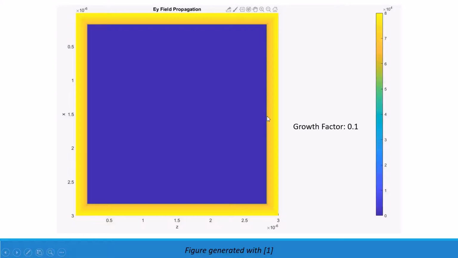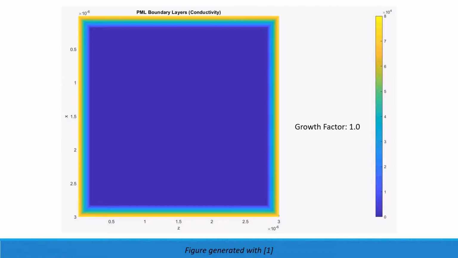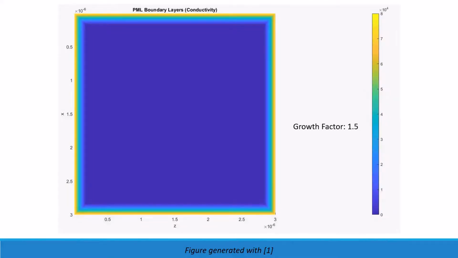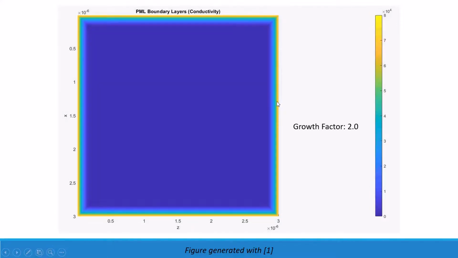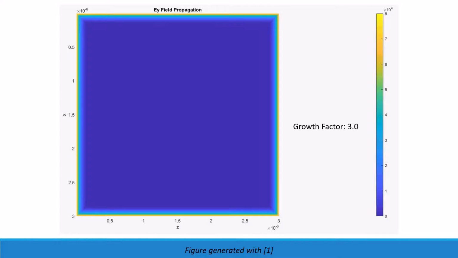Moving back to the case of 1.0 for the growth factor for comparison, we'll go the other way. So a growth factor of 1.5, you can see it is very similar into the region and grows much sharper at the end. At 2, once again, this becomes more pronounced. At 3, it is very similar a little bit into the PML region as it is in the simulation space.